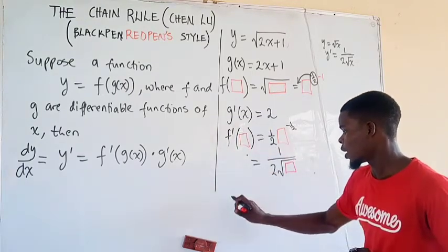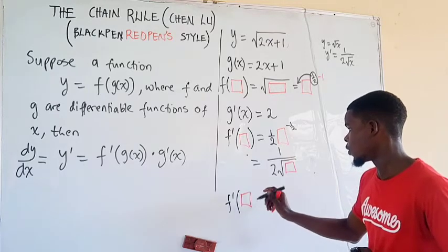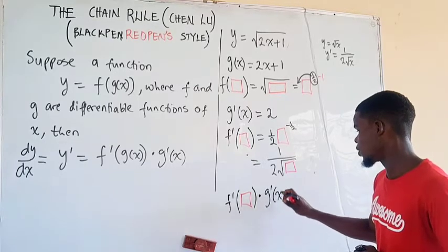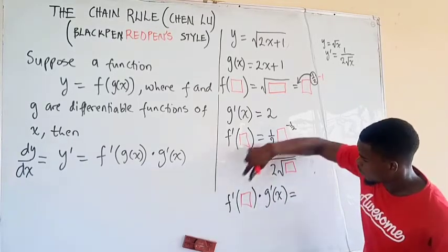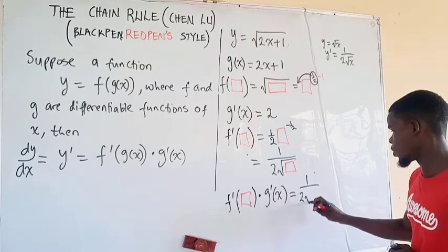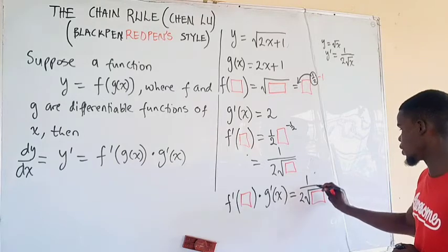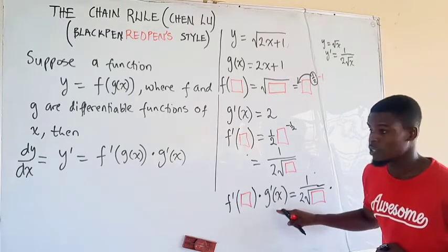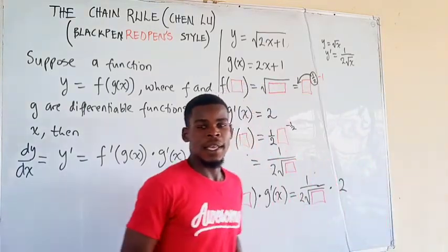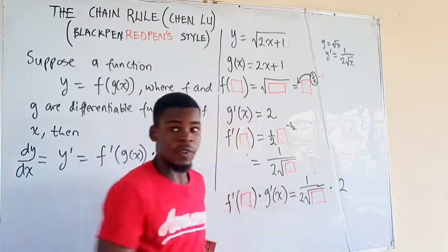So we're going to have f prime of the box times g prime of x to be, well, f prime of the box is just this, which is 1 over 2 times the square root of the box, and then we multiply that with g prime of x, which is noted to be 2. Good. And now let's see what we've got. We have that to be the derivative of that function.